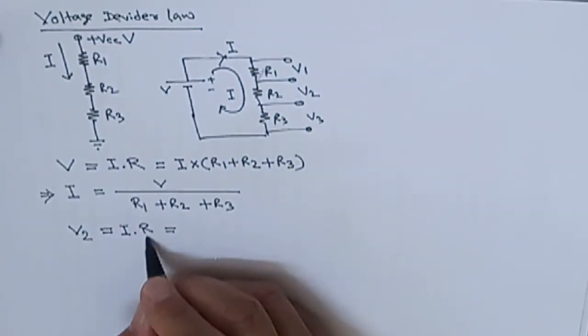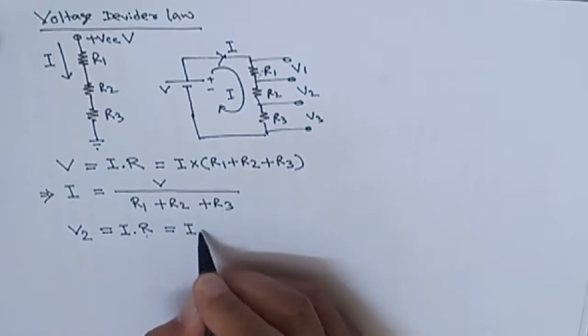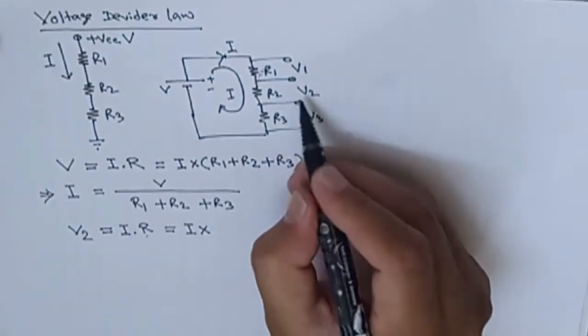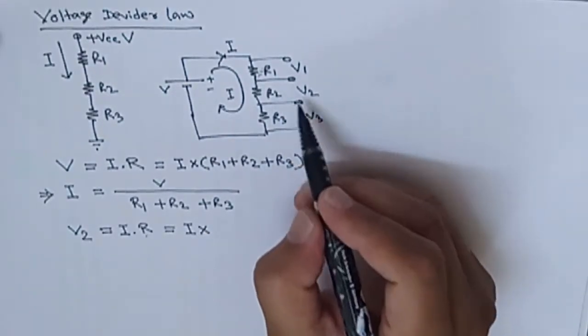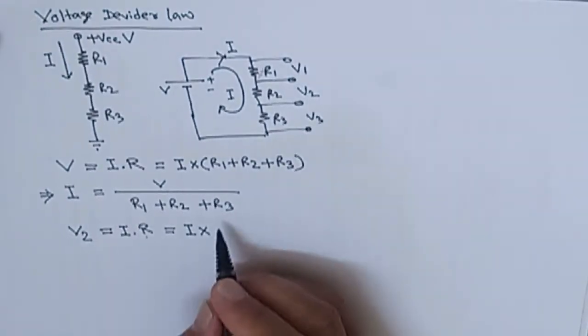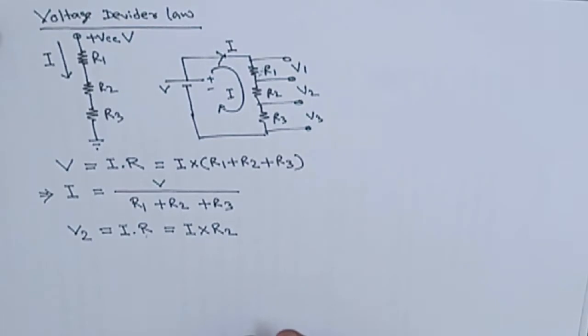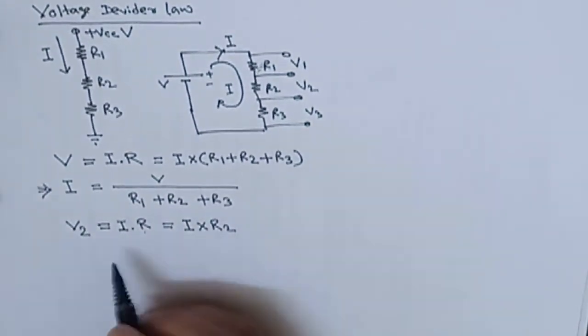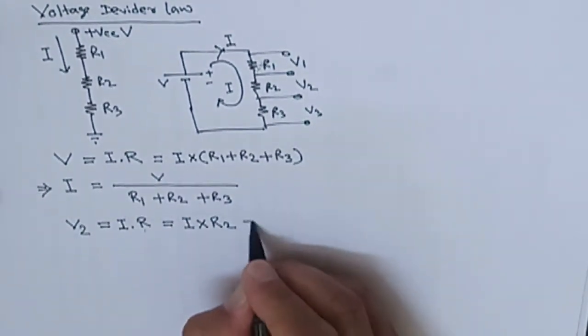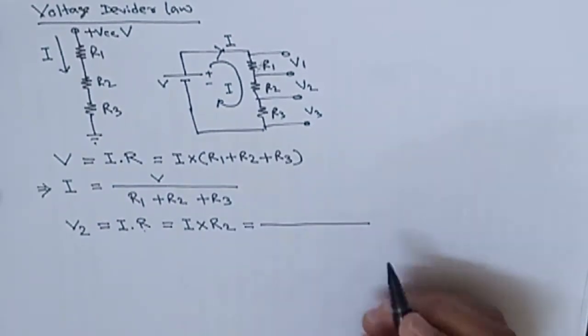But R is different. So I into R is what? We are going to consider the voltage across the R2 resistance. So R is R2. Now if I insert the value of I, then what will we get?